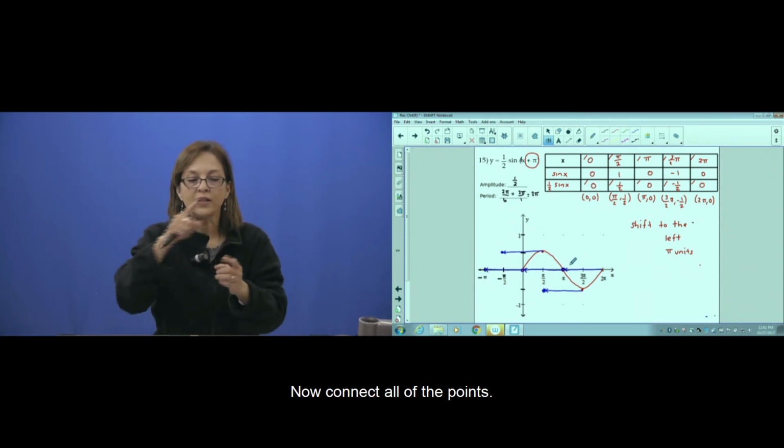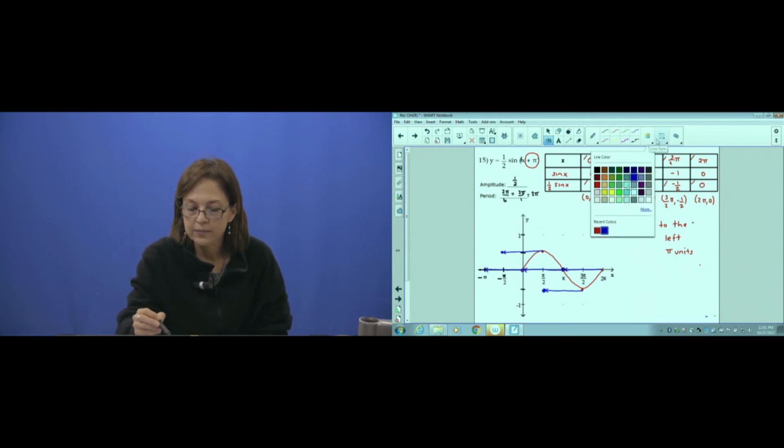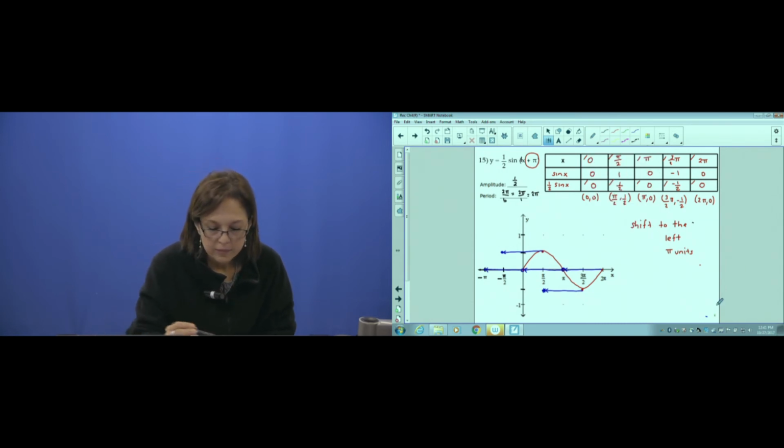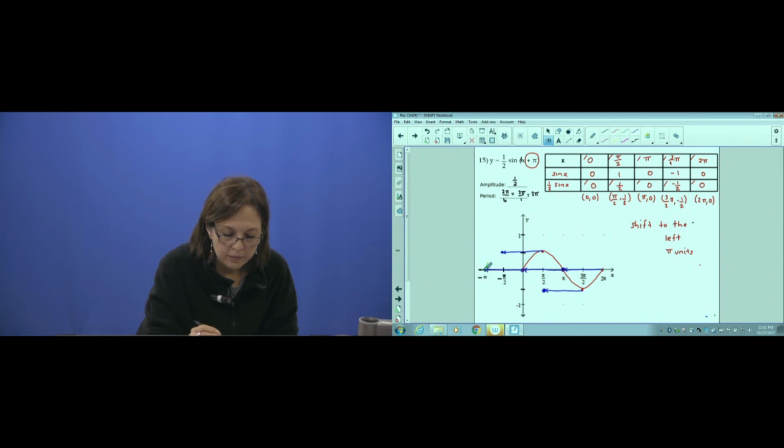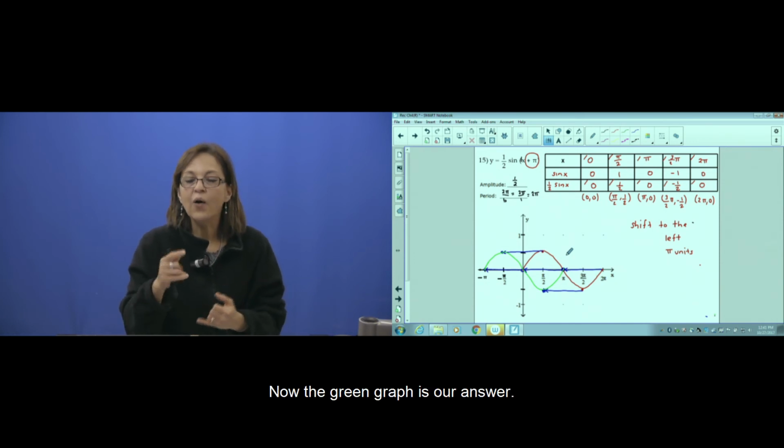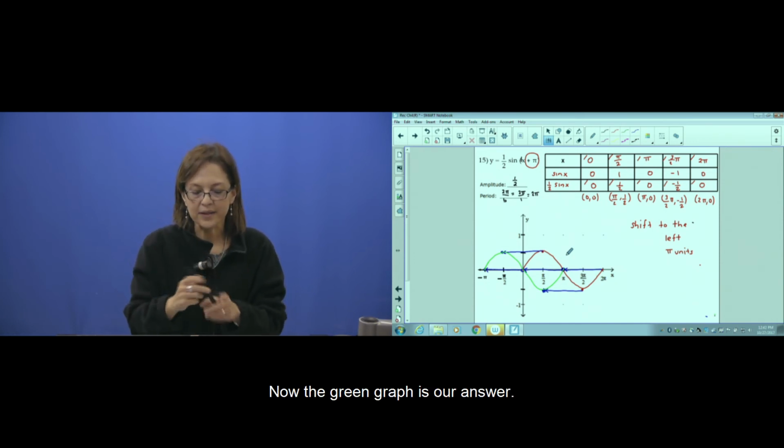Now connect all the points. Now the green graph is our answer.